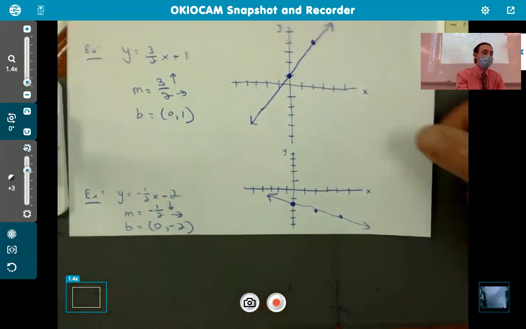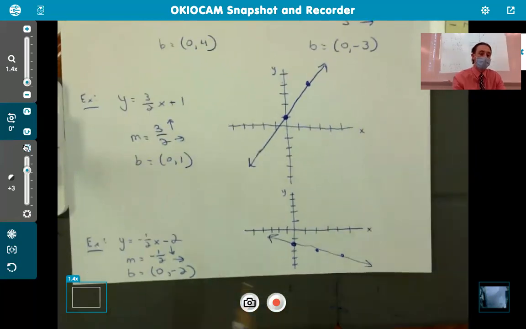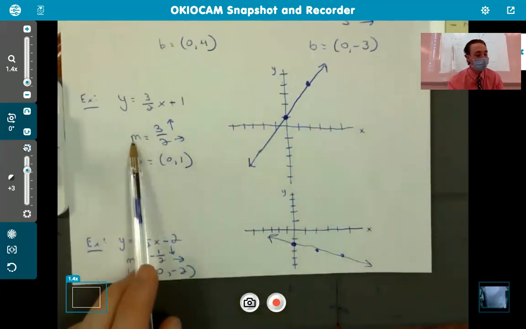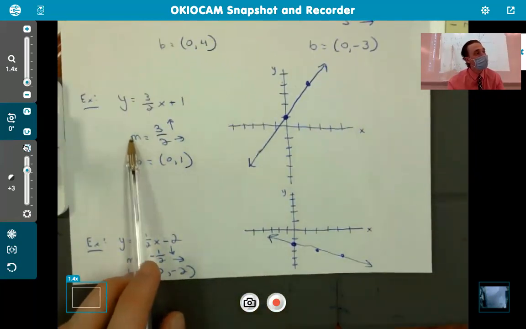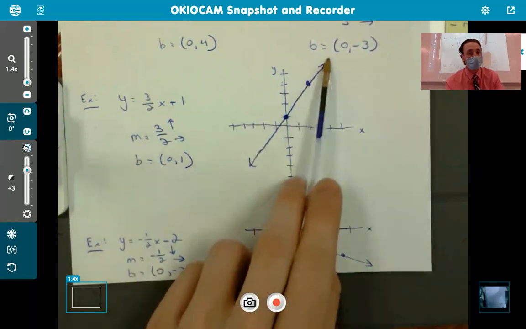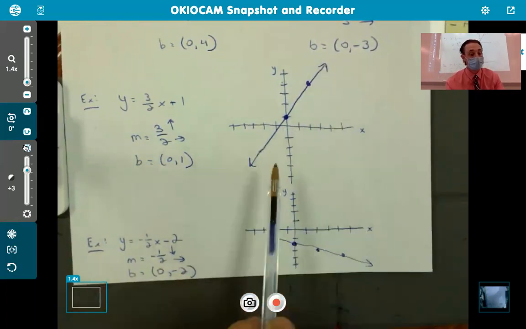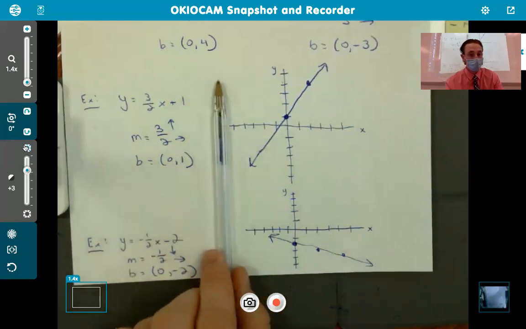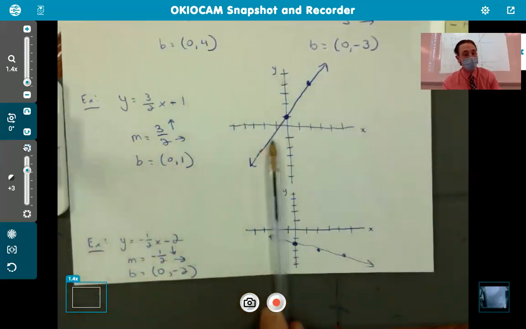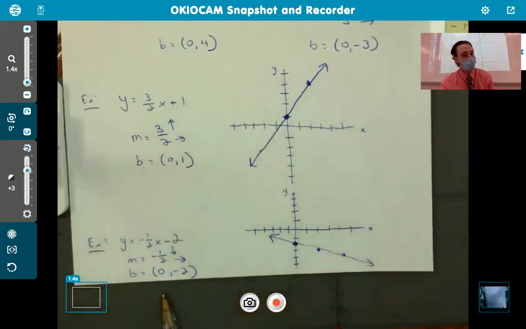Now, one thing I want us to notice, just to connect some different ideas, is the slope positive or negative here? Positive. And look at the shape of my line. It's increasing, right? So anytime I have a positive slope, if I'm going from left to right, my points start to increase. What's the slope here? Negative. And as I move from left to right, my points are decreasing, becoming bigger in the negative direction.